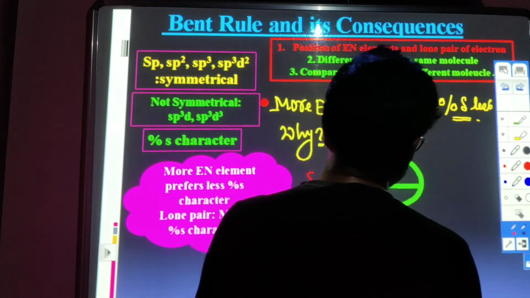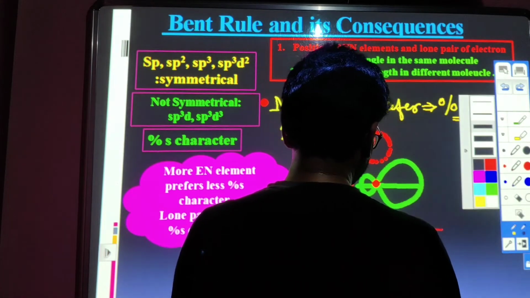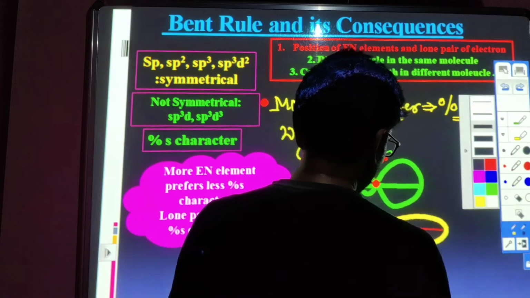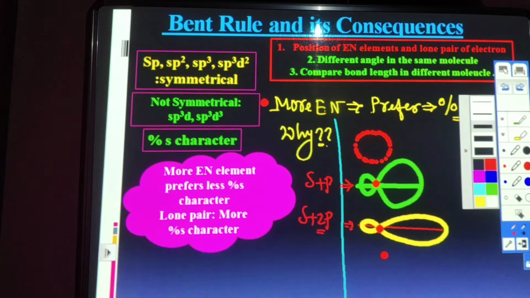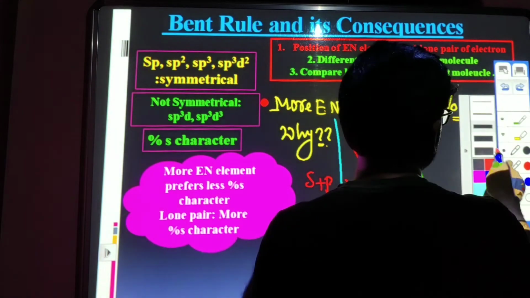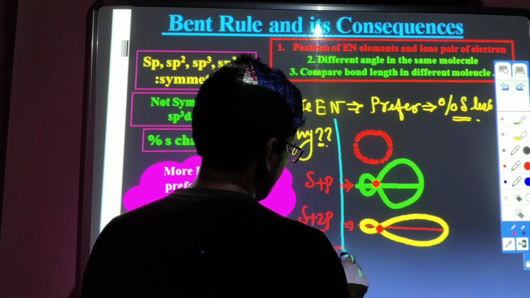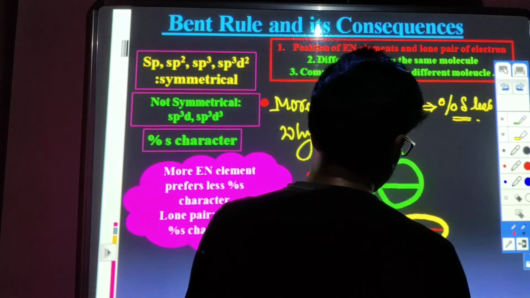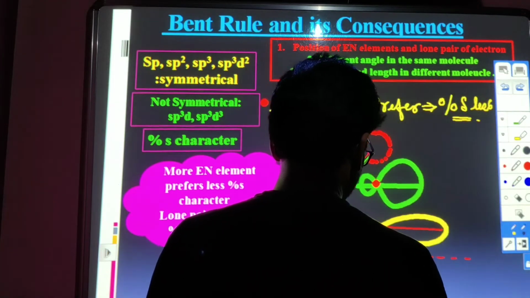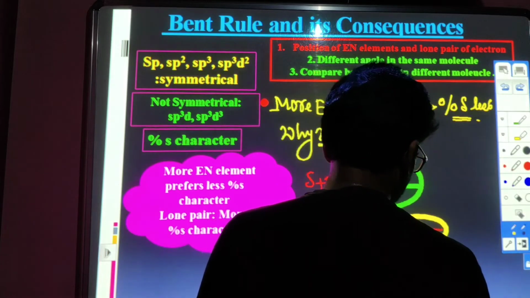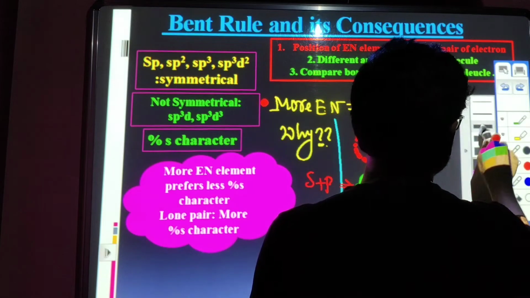That will be this, this is sp2, no problem. Now sp3, s plus 3p, this is like sp3.